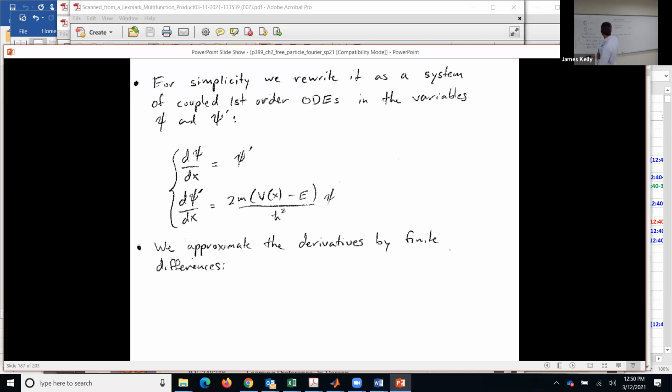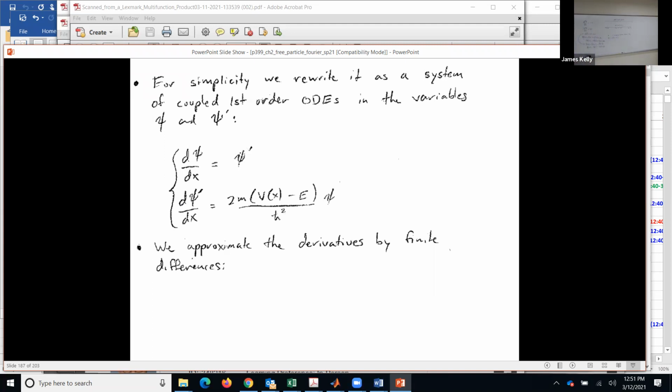Okay, in my variable in here, I'm going to call it psip, psi prime. So d psi dx by definition is something I'm going to call psi prime. And then our differential equation tells us about d psi prime dx. That would be psi double prime, or d squared psi dx squared. Right, so this system of differential equations, by defining a new symbol psi prime, gives me something that's completely equivalent to that second order differential equation. But now I can approach it using Euler's method with finite differences.